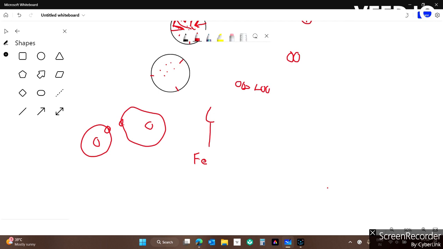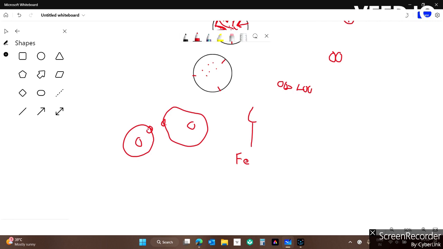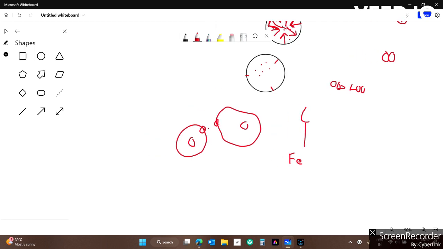So the more you fuse iron, the lesser the total energy becomes, right? So the star again starts contracting, and it doesn't work for this exclusion principle.